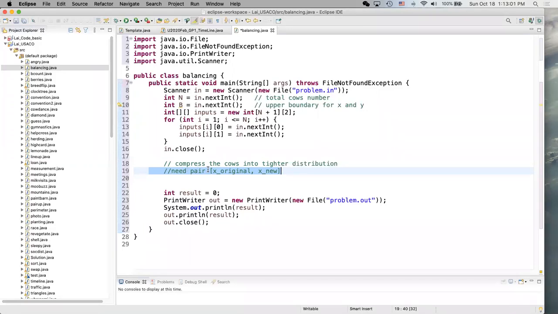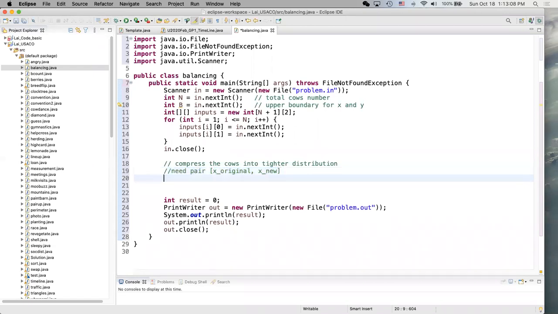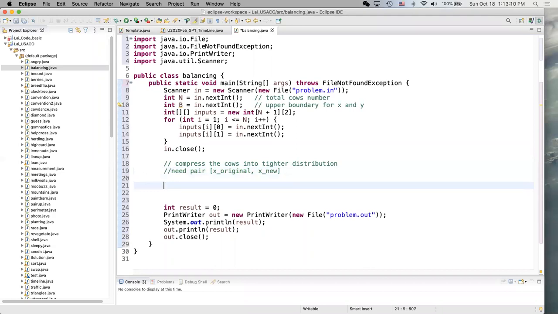Now, what data structure is going to hold this pair? It's very easy, just a 1D array. You can deliver that, right? So let me do that. First, let's have the 1D array to hold this pair. It's going to be int, and let's use the name xRecord. And what is going to be the size, folks, for here? The upper bound is B, right?